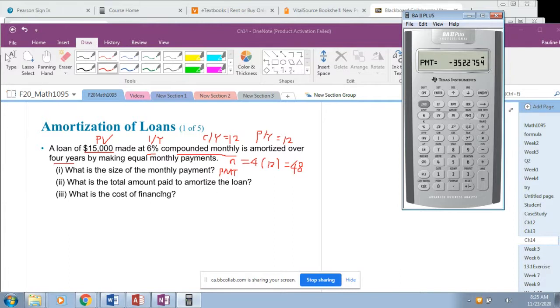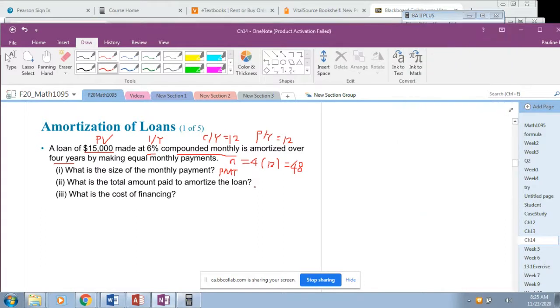And for the second question, what is the total amount paid to amortize the loan? You use PMT. Every month you make a payment of PMT, so PMT multiplied by 48. That is the answer.